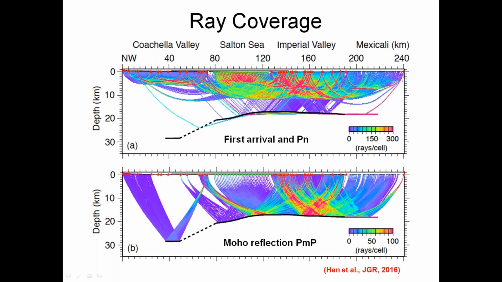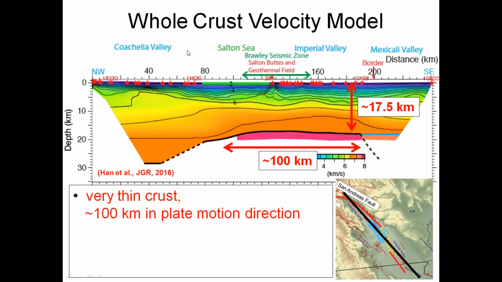In the Salton Sea, OBS airgun data provide constraints for the upper crust, which enable us to better image the lower crust. In the central Salton Trough, we observe a very thin crust, which is about 17.5 km, and the Moho is very flat.